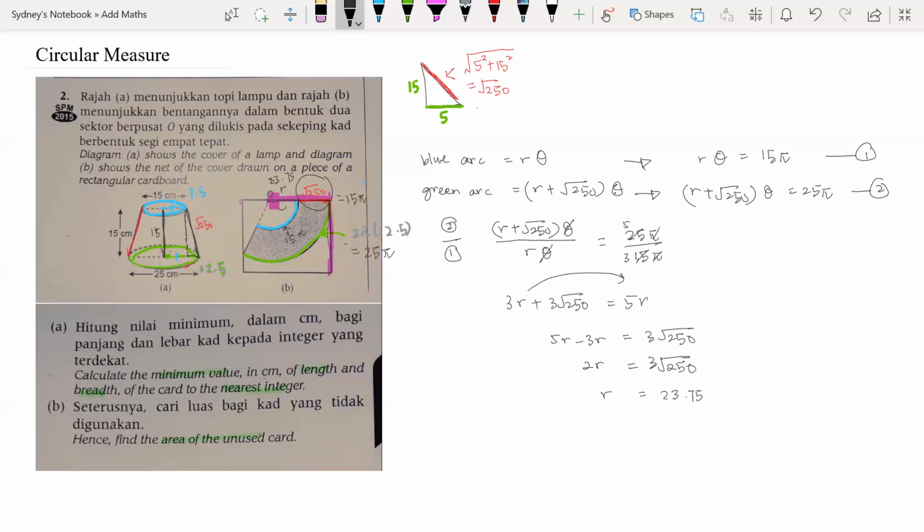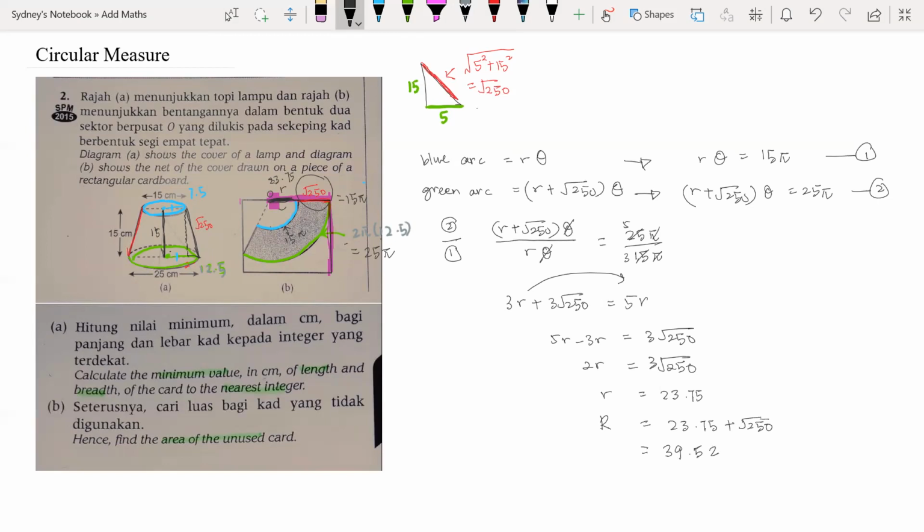That is this one, the small radius of the small sector. So for the big sector, R for the big sector will be 23.75 plus square root of 250. So using calculator, we will get 39.52.